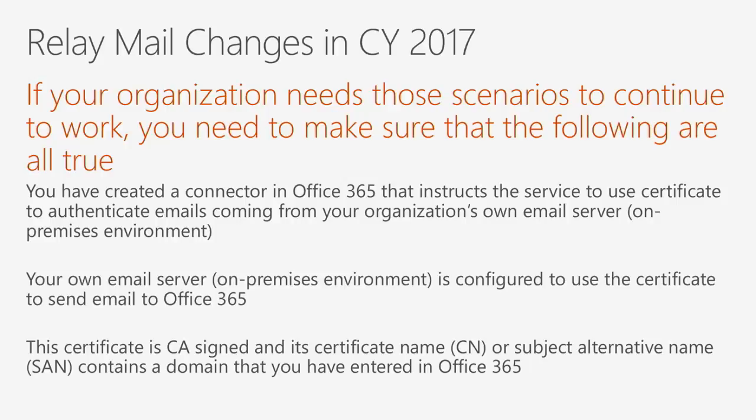And the certificate has to be signed and contain the name, within the subject alternative name, of a domain that is authoritative for you in Office 365 as well. If you do all those things, then any of the scenarios I talked about on the previous slide will start working for you again. But this is, again, just another way we're trying to tighten up the controls to provide a protected environment.